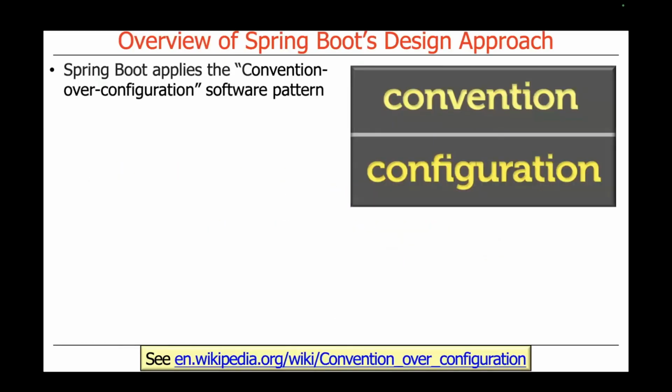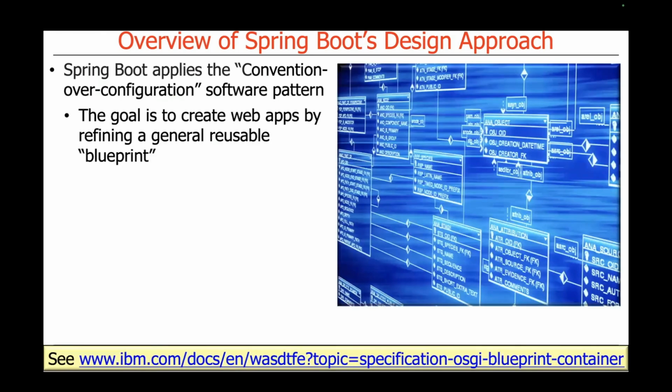So the most crucial pattern to understand Spring and Spring Boot is something called convention over configuration. I always forget which comes first, but convention over configuration, which is kind of a funny phrase. And I strongly recommend you take a look at the link at the bottom of the slide to learn more about this. The goal here is to make it possible to create web apps by refining a general reusable blueprint.